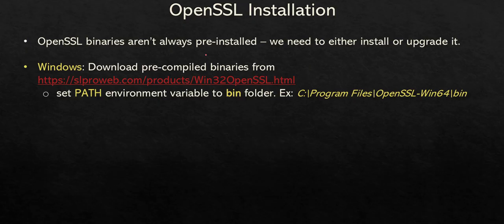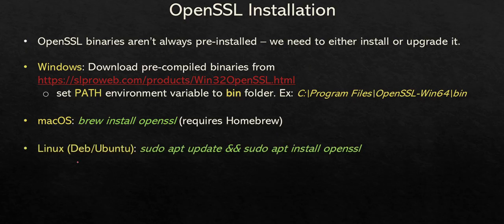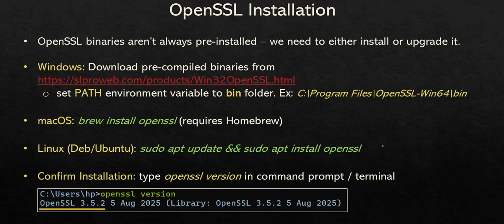And once we install that, we have to set the path environment variable. So something like this, in the path environment variable, you will have to point to the OpenSSL bin folder. For macOS, you will have to go for brew install openssl and it requires Homebrew. For Linux, like Ubuntu and Debian, we can use the sudo apt update and sudo apt install openssl commands.